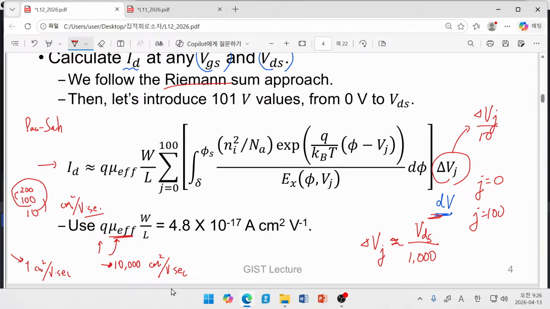So in a real device, the mobility value is critically important and really difficult to improve. But anyway, you have to remember the reasonable range of your transistor mobility. Certainly it should be 100, not 700 or 900. These are the orders of 100, 200, 300 square centimeter per volt second that you will see in practice.